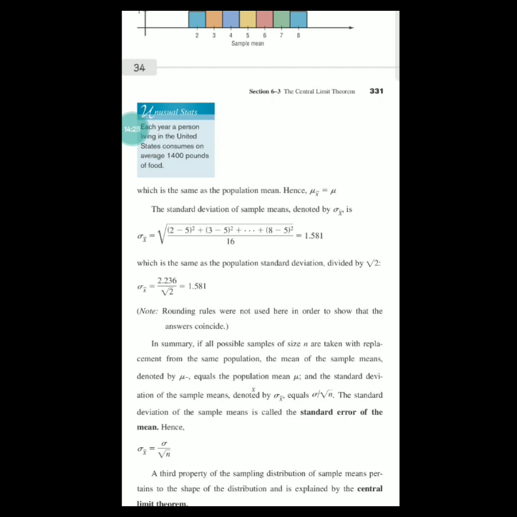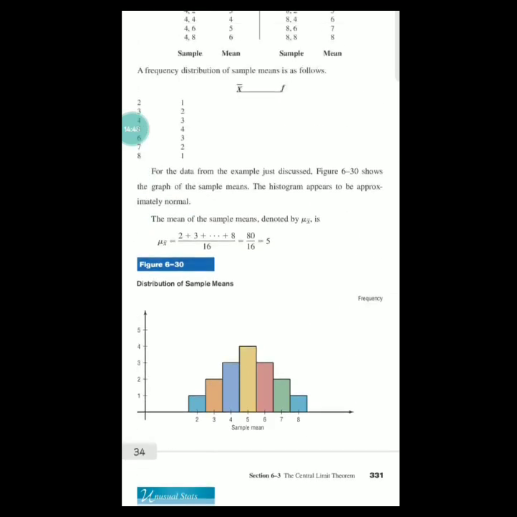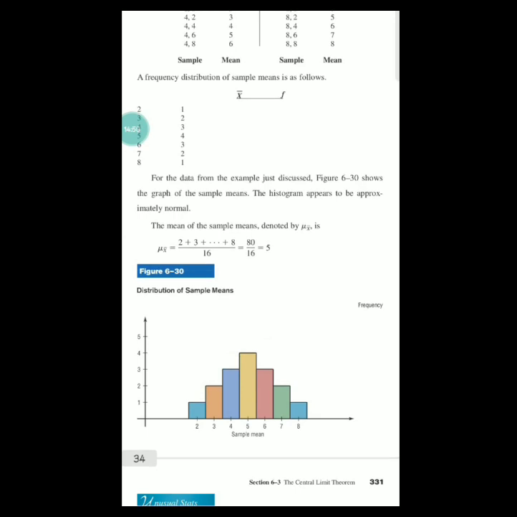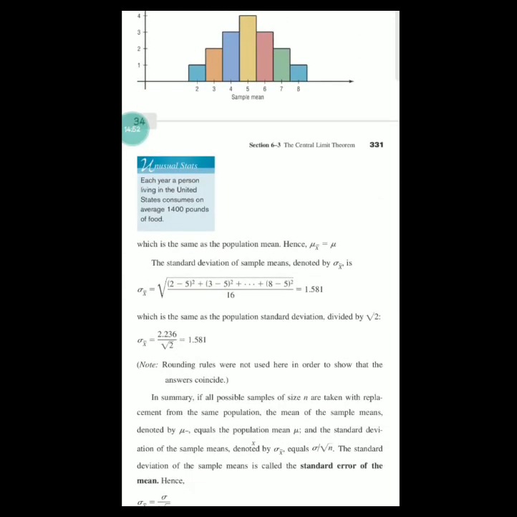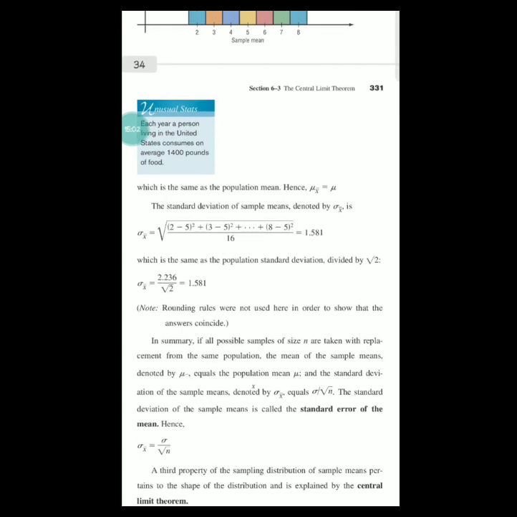It is the same as before: 2 minus 5 squared plus 3 minus 5 squared plus 4 minus 5 squared plus 5 minus 5 squared up to 8 minus 5 squared. The total is 1.581, which is the same as the population standard deviation divided by square root of 2.